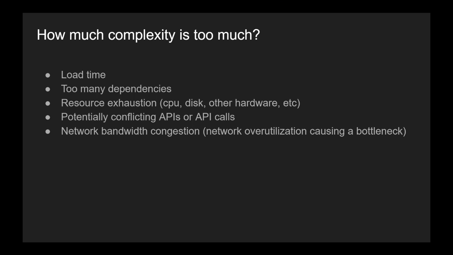The other thing about conflicting APIs and API calls is implementation. If your implementation's too complex, almost no one will want to use it. No one will touch it. No one will bother to look at it. They'll just turn a blind eye. The reason is it's too complicated to debug, too hard to maintain, and probably not enough documentation.